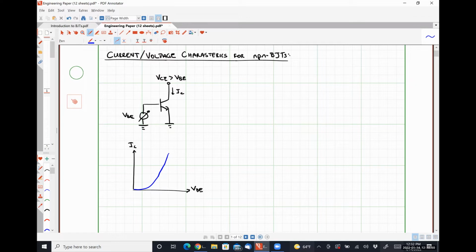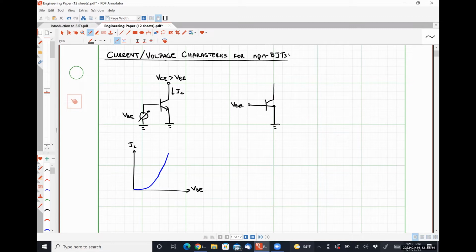The next curve that I want to look at, we are going to maintain a constant VBE. So here is our transistor.